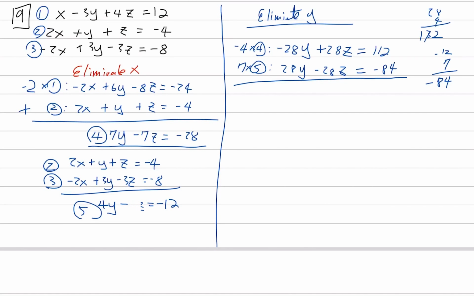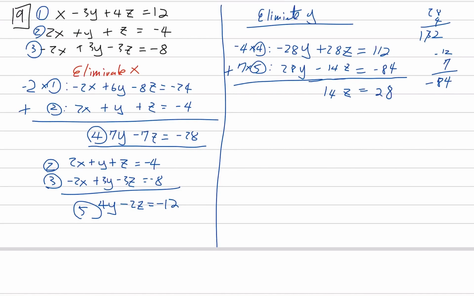When I add these, I should get 2z, which will change this to 7 times negative 2 gives me 14z. Okay, so then when we add across now, we get 14z equals 28.